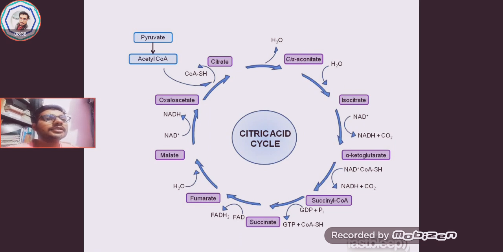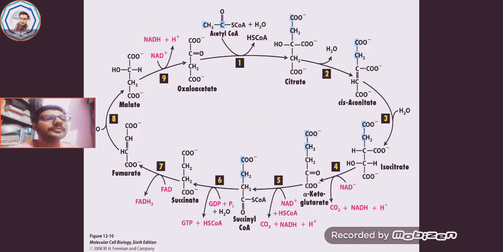So let's see the structure of this cycle. Here we can see that acetyl coenzyme A reacts with oxaloacetate to form citrate. Citrate releases a water molecule because of the negative charge over here, and this negative charge will force the formation of a double bond with the alpha carbon.